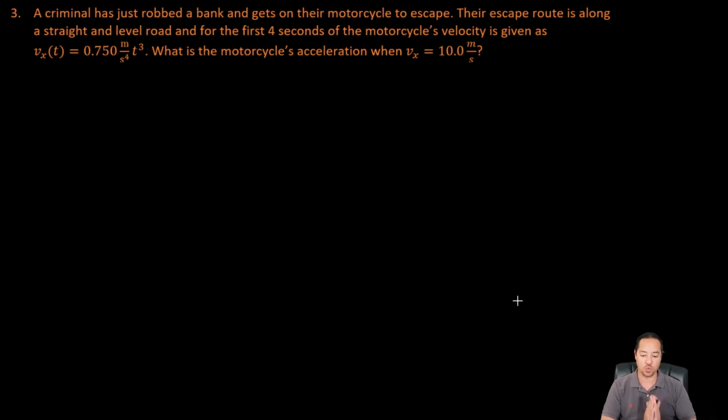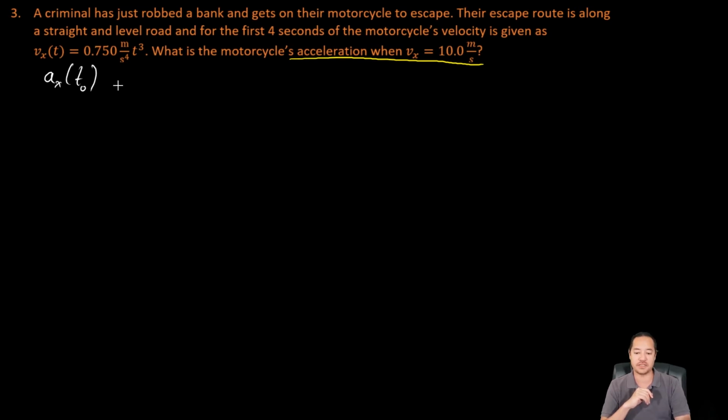So what are we looking for? If I identify what our goal is, first, our goal is to find our acceleration when the velocity is 10 meters per second. We want to know what our acceleration is at some time t naught, and this time we're going to say is when the velocity is equal to 10 meters per second.